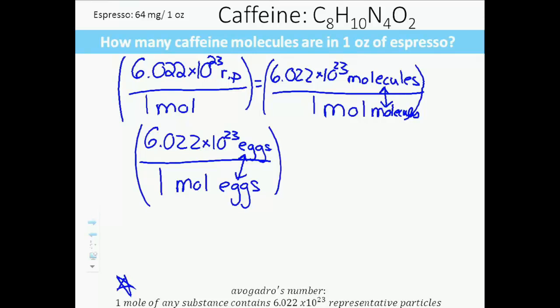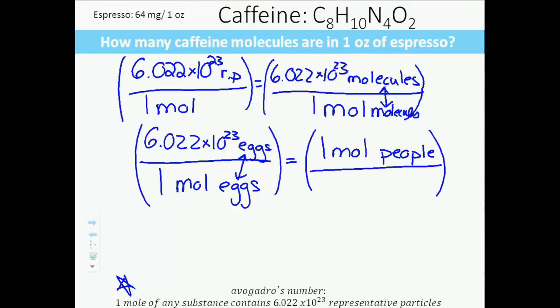You can also write it in reverse. So you can say 1 mole of people would be equivalent to 6.022 times 10 to the 23rd people. So you can really go back and forth with this.